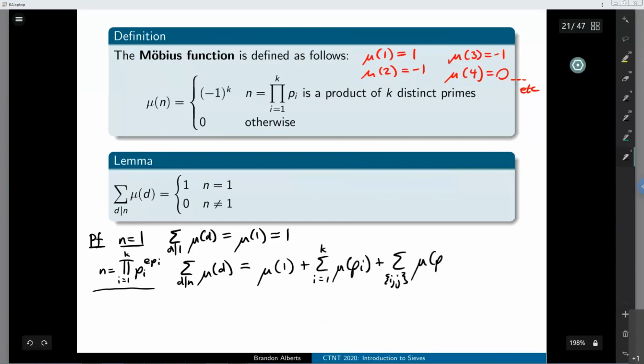We can have a product of 2 primes. If they're distinct primes, we know that that product still divides n, and it's not divisible by any squares. That's a choice. And we could do the product of 3 distinct primes dividing n, of 4 distinct primes dividing n, all the way up until, oh, I'm going to run out of room.